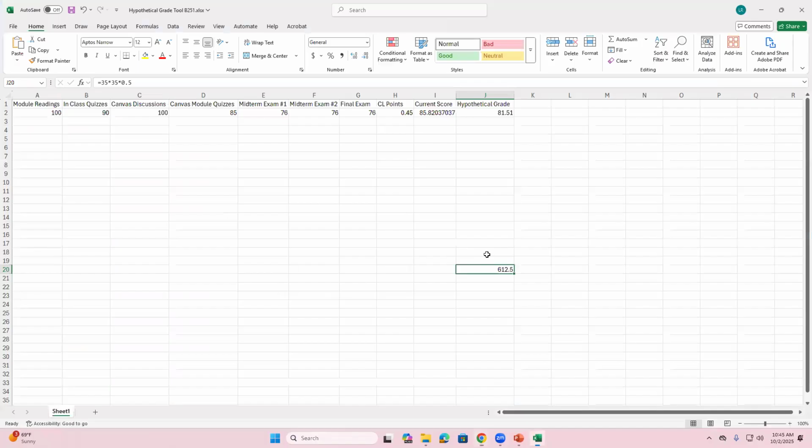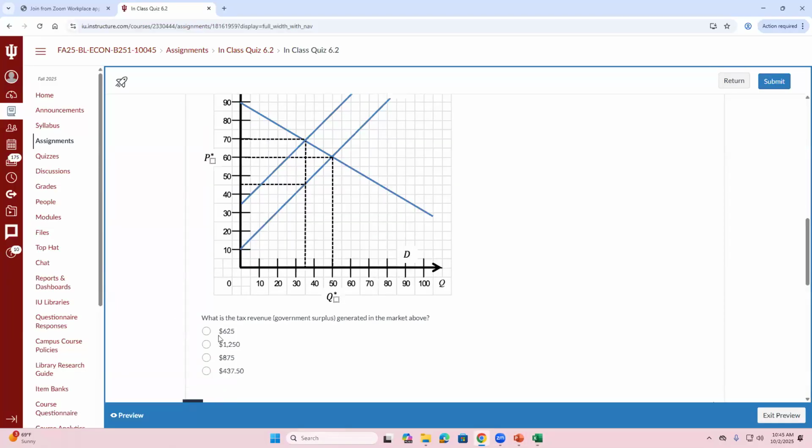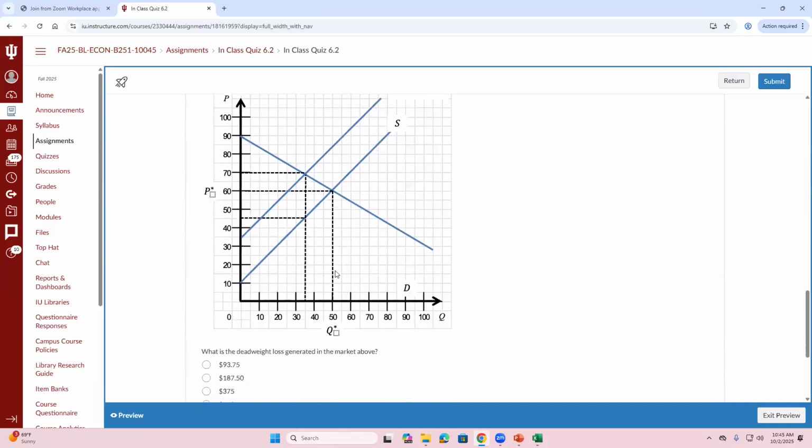So we would do what? 35 times 25. Checking my math now because I don't trust myself, which would be 875. Now we don't multiply by half here because it's the area of a rectangle. Our total tax revenue is simply the quantity that we sell times the value of the tax. Okay? So those ones shouldn't be too bad.